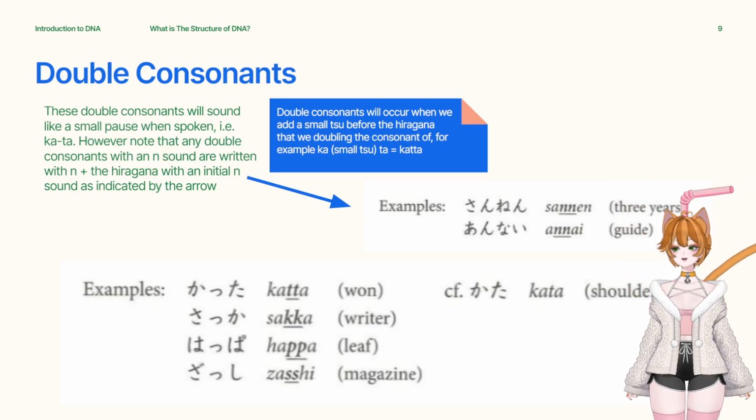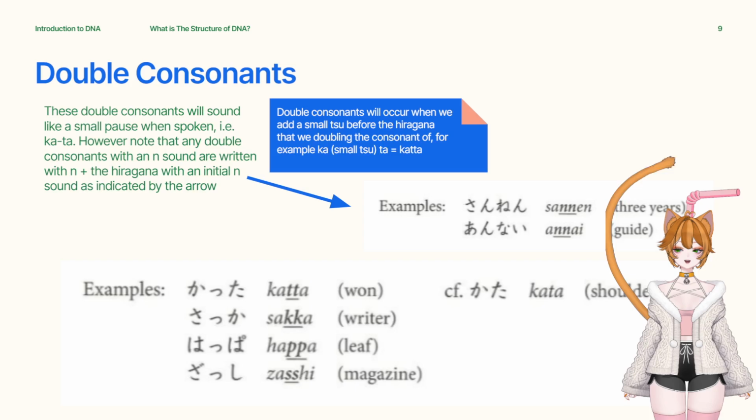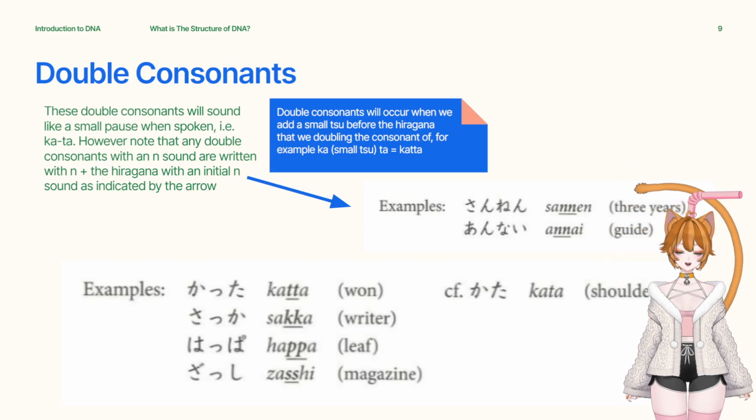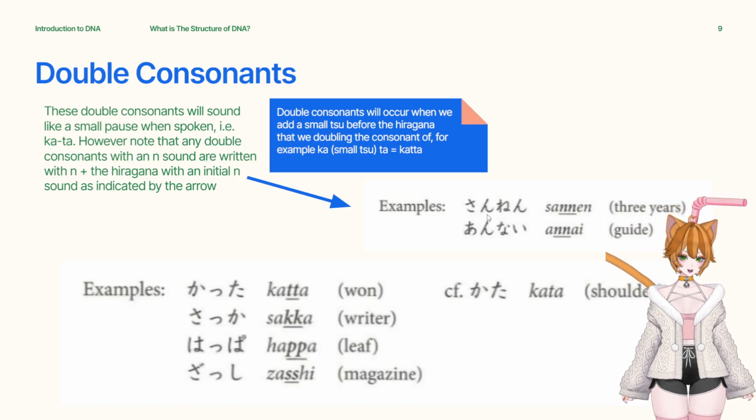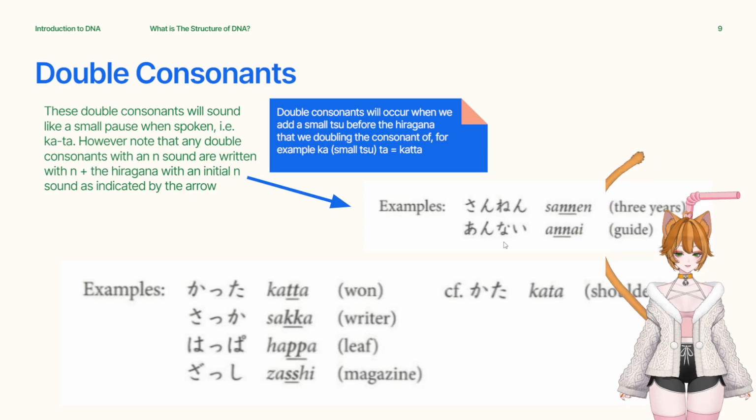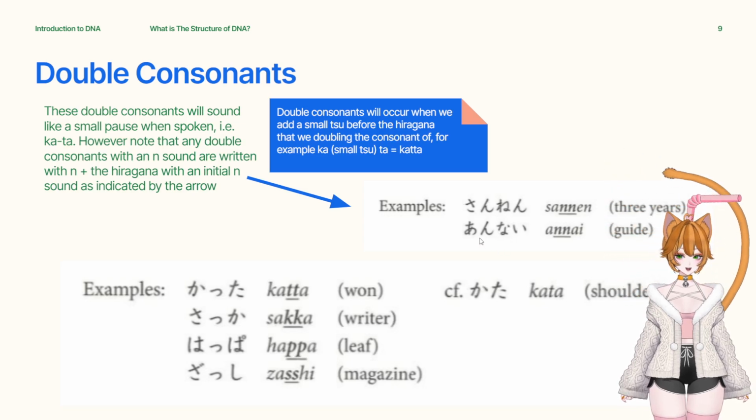However, double consonants are handled a bit differently when we get to the n. It'll be n plus the hiragana with the initial n sound. For example, sannen, annai. We see that we have n followed by an n sounding hiragana, nen. It has to be followed by an n sounding hiragana, nai.